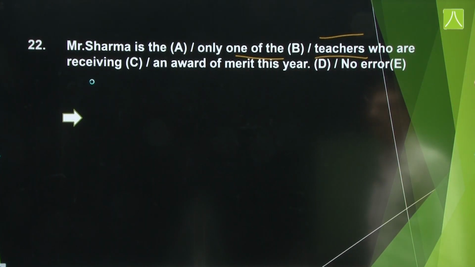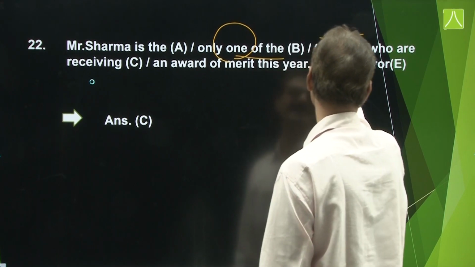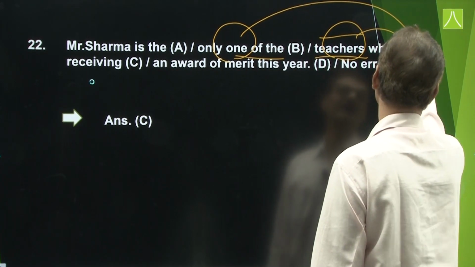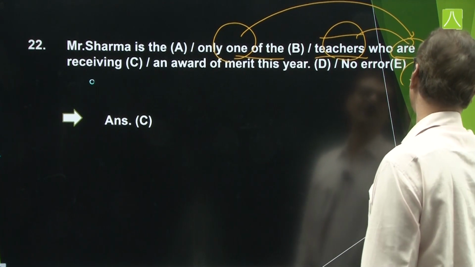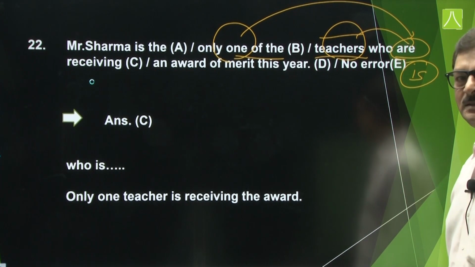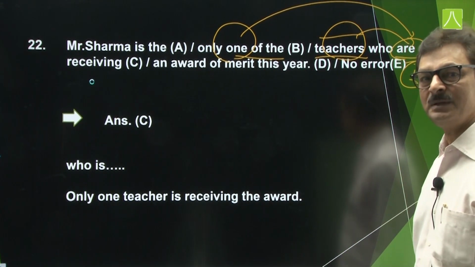Who are receiving also seems right. So where is the error in part C? It should not coincide with teachers. So it should be has, is and not are. This is the error in it. Sample of practice given where the one of the only examples are concerned.